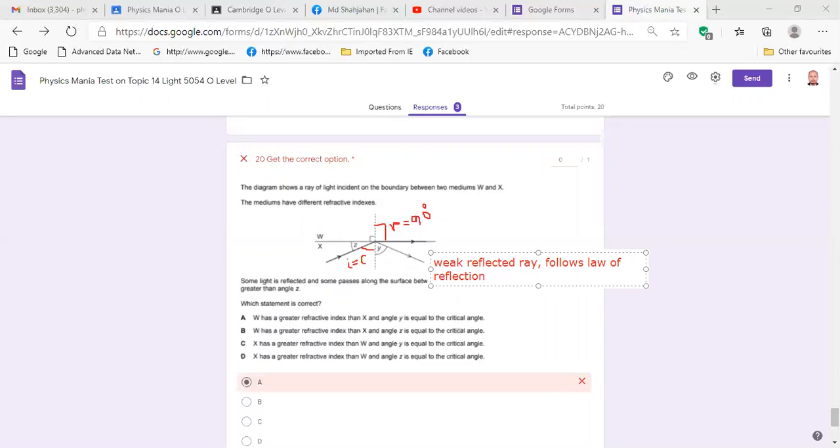So if it follows the law of reflection, then our C will be equal to Y.